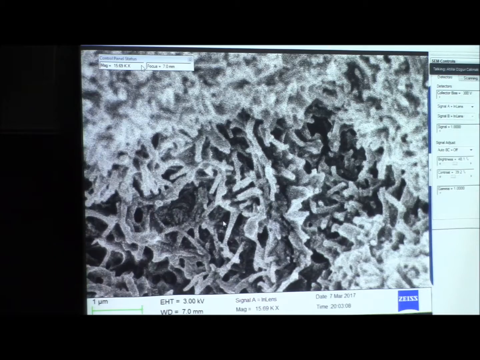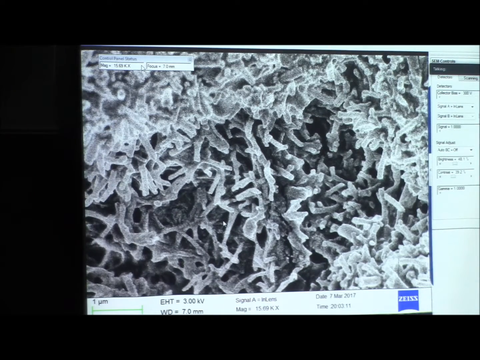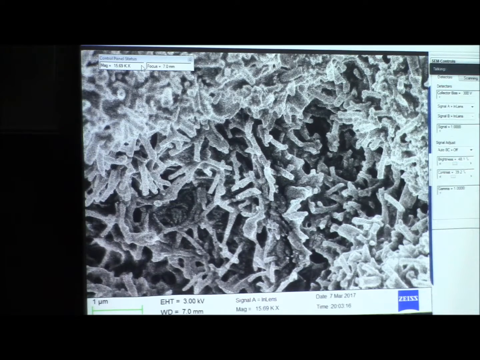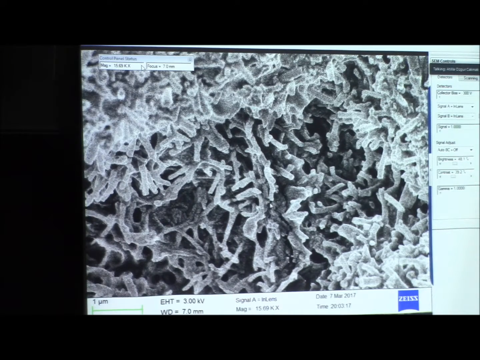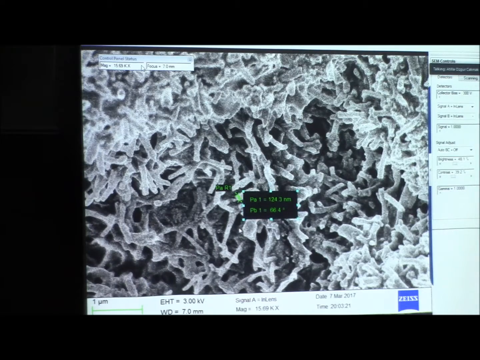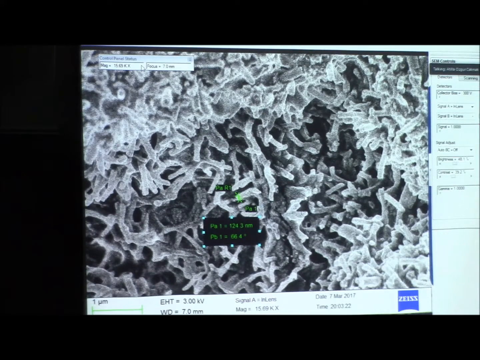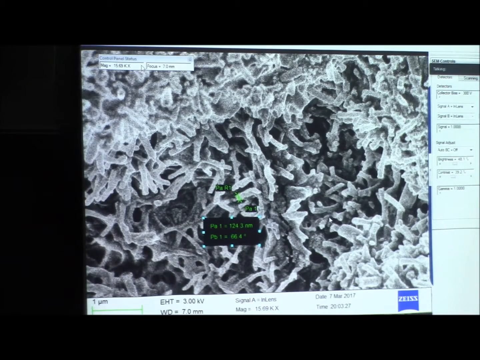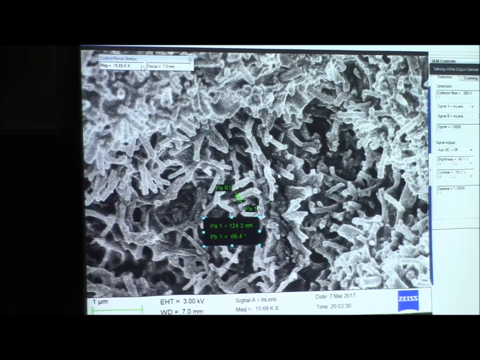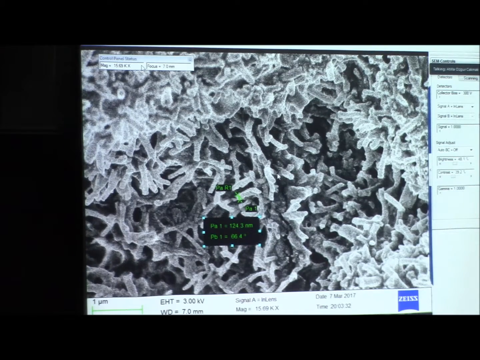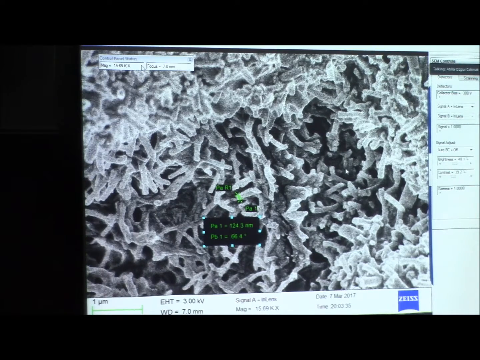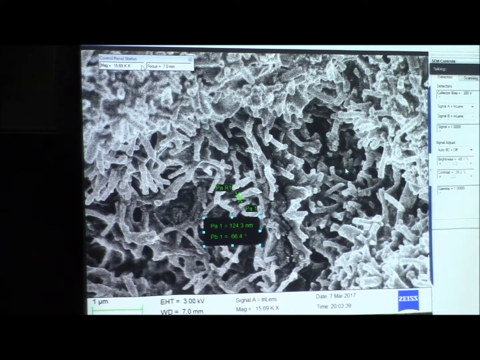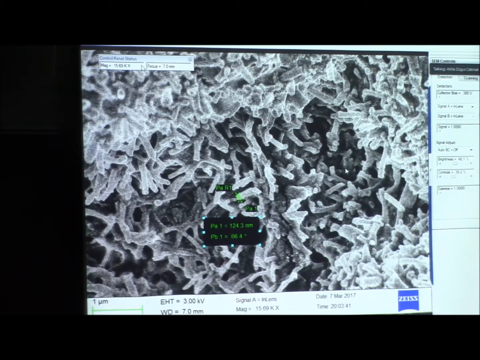This looks good. We can actually measure this. These fibers are around 124 nanometers. This is pretty small. And what happens is the more fibers you have, the more surface area you have, so the smaller your fibers are, the better coverage of all the surface.